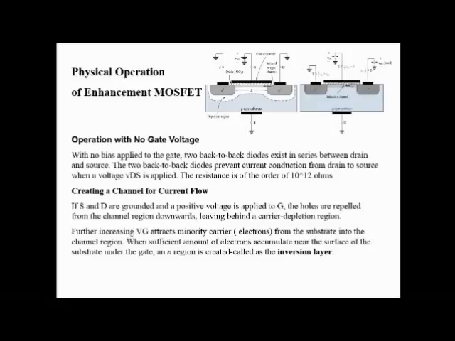Now talking about the physical operation of the E-type MOSFET. E-type MOSFETs are the most readily used and most available ones in the market, and they have many uses in electronic circuits. First of all, we'll start with the operation with no gate voltage.